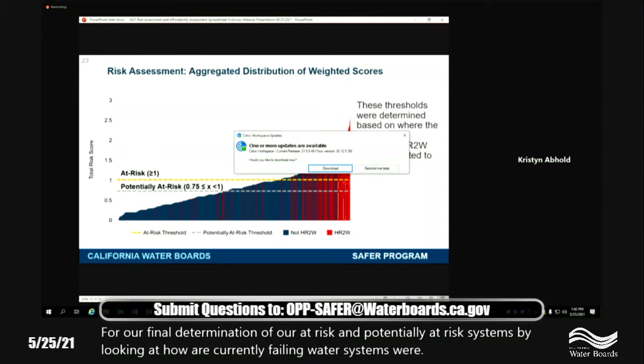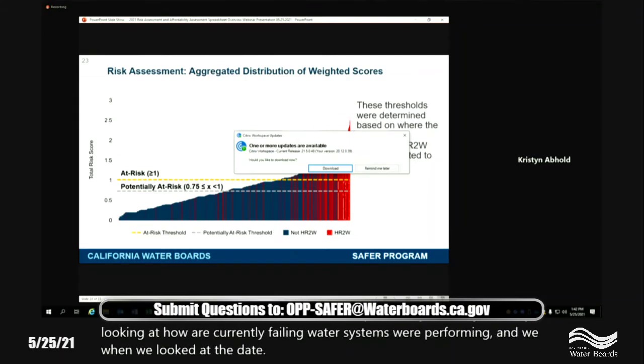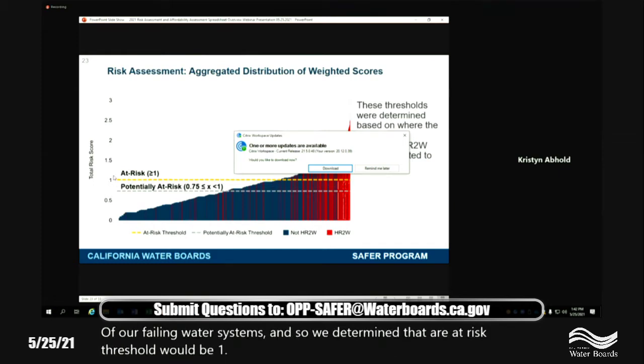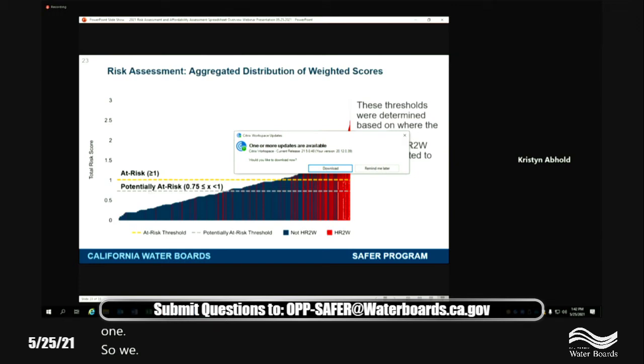And when we looked at the data, we looked at where there were clusters of our failing water systems. And so we determined that our at-risk threshold would be 1, the number 1, and then potentially at risk is 0.75 to 1.